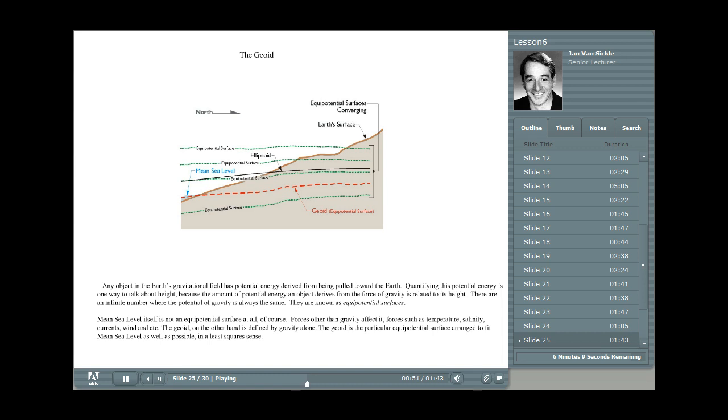Now, an equipotential surface is a surface that is connecting points of equal gravity. The geoid is the particular equipotential surface that has been chosen to represent something that is closest to mean sea level. Of course, we can't use sea level exactly, because temperature, salinity, currents, winds, etc. affect it. But the geoid, defined by gravity alone, is a particular equipotential surface arranged to fit mean sea level.